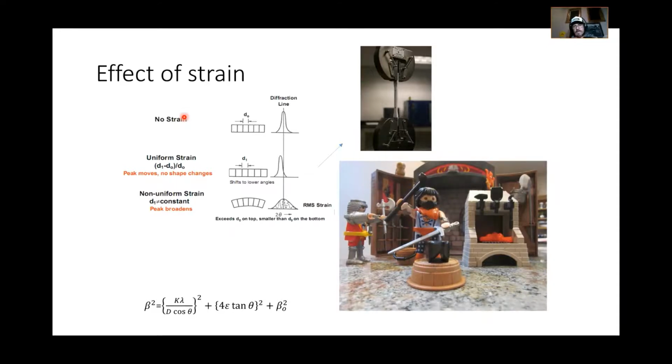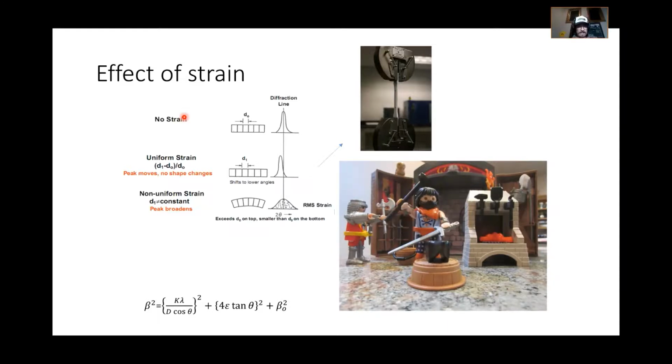Uniform strain would be like in a tensile test machine. If I stretch it and don't break it, and throw it in my XRD, I should see a peak shift to the left. If I bang it with a hammer, I would see peak broadening. Beta is peak width, in terms of 2 theta. Theta here is just your peak center divided by 2, because we're getting 2 theta.